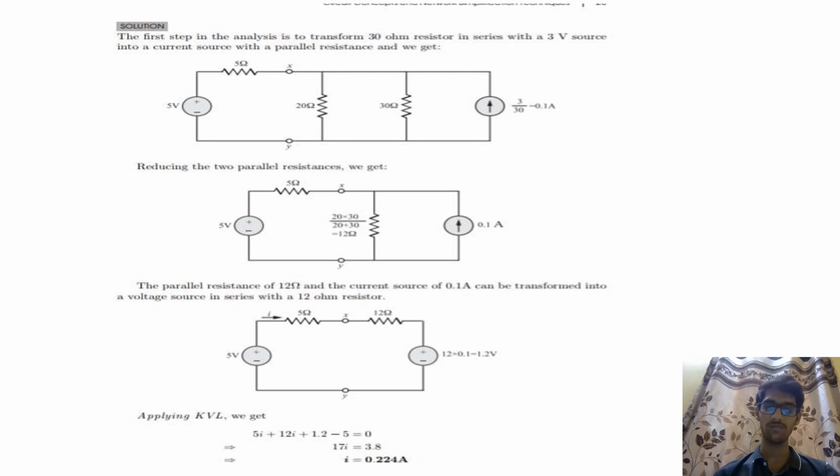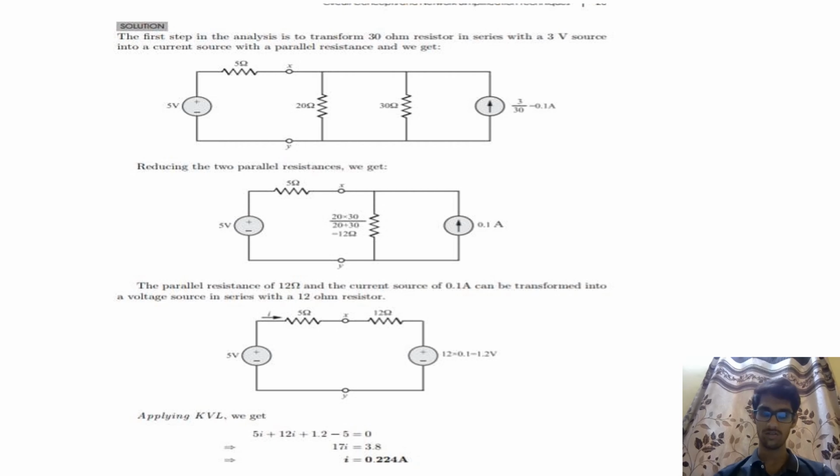First, we have 5 ohms into I, as the current I flows in the whole loop. So we have 5 into I plus 12 into I. The 5 into I applies for the 5 ohm resistance and 12 into I applies for the 12 ohm resistance. And then comes our voltage source 1.2 volts, and then minus 5, in regard to sign convention rules.